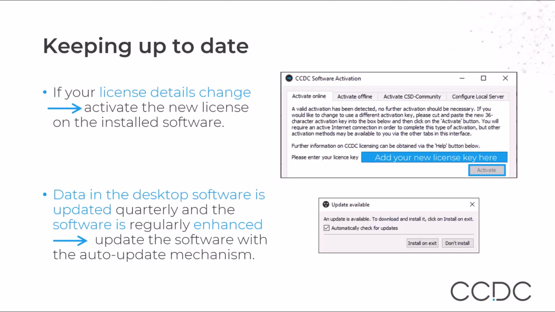Please note that your license details may change. If they do, you will need to activate the new license in your installed software. Data in our desktop software is also updated quarterly, and our software is regularly enhanced. Hence, your users can stay regularly up to date via our auto-update mechanism, and more information can be found on our website.